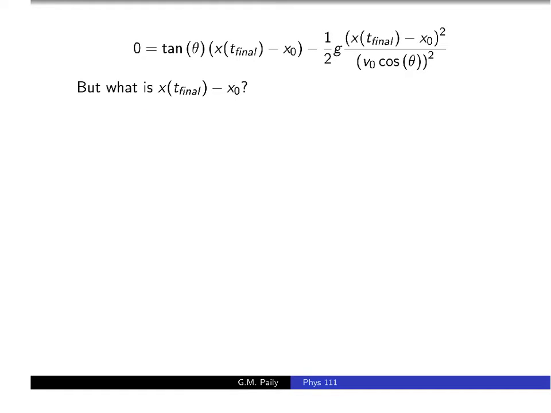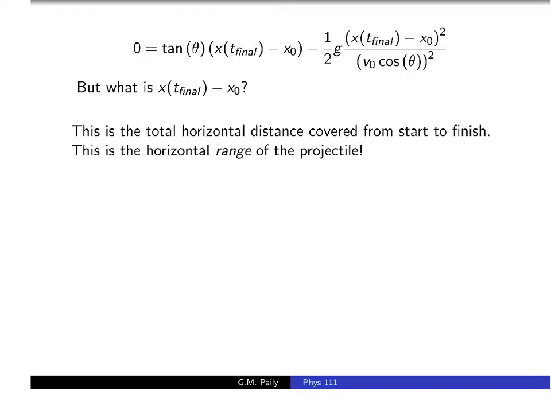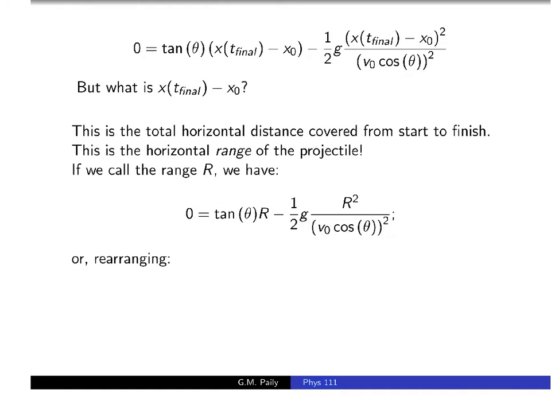But x at t final minus the initial position is simply the range, the horizontal range covered by the projectile. If we call this range r, then this equation looks a little bit neater now. We simply replace these terms, x final minus x naught, by r. And now we can rearrange and solve for r.